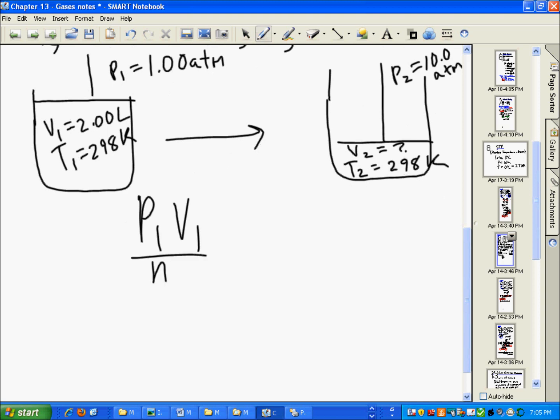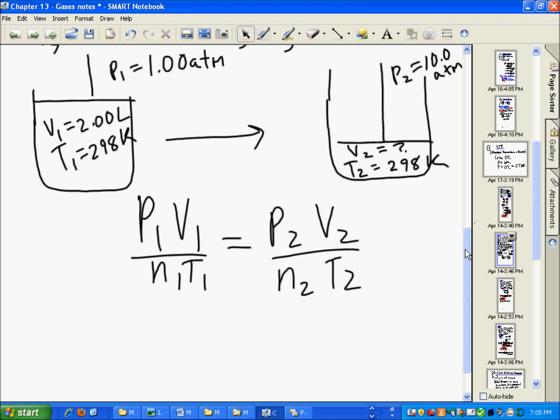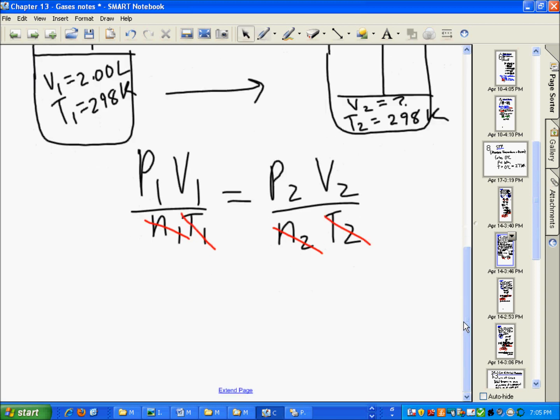P1V1 over N1T1 equals P2V2 over N2T2. And the temperature isn't changing, so we can eliminate that. And the moles aren't changing, so we can eliminate that. So what we're left with is P1V1 equals P2V2. And what is it that we're trying to get?